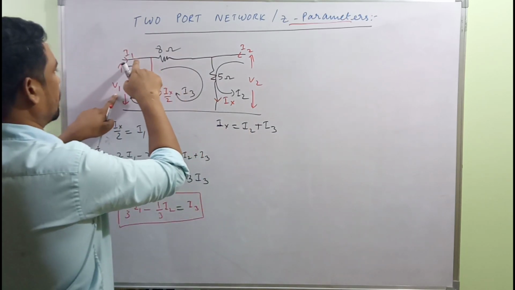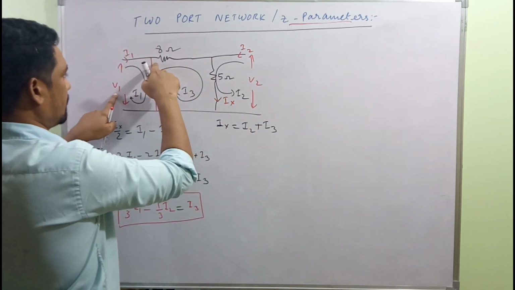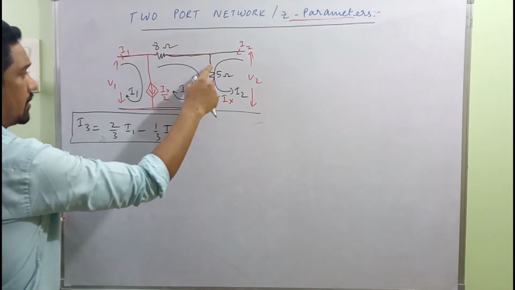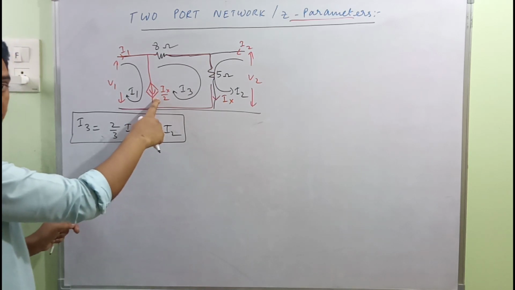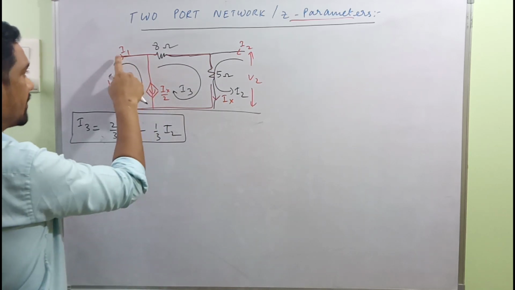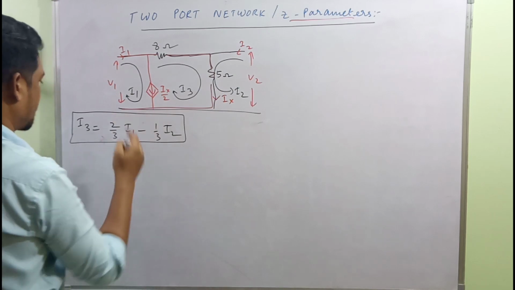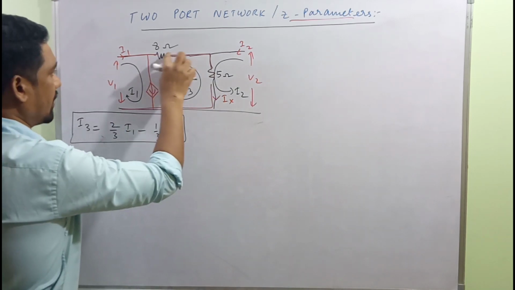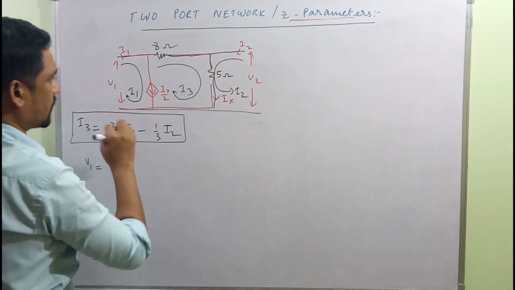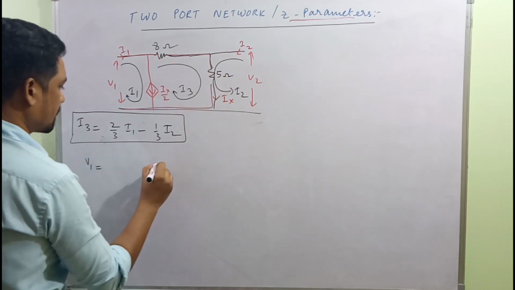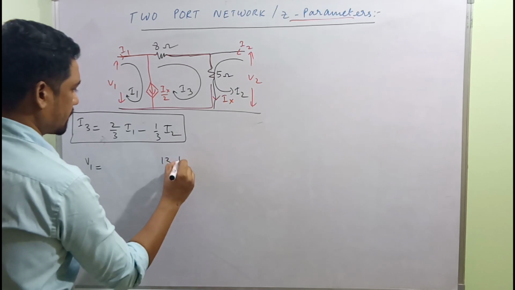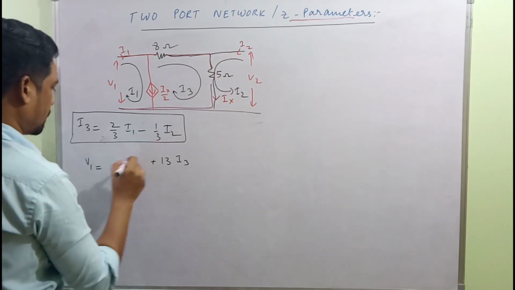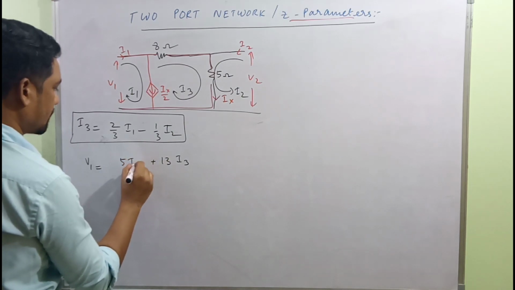So from here, what do we have? From the super mesh, they call it super mesh. This is a current source, no drop over here. For V1 from this point over here, this isn't a drop, it's a current source. We have to consider the drop from this point to this point. So how to write down that one? V1 will be equal to, I3 is flowing from this point to this point, so 8 plus 5, 13 times I3, plus even I2 is flowing in this direction, so 5 times I2.